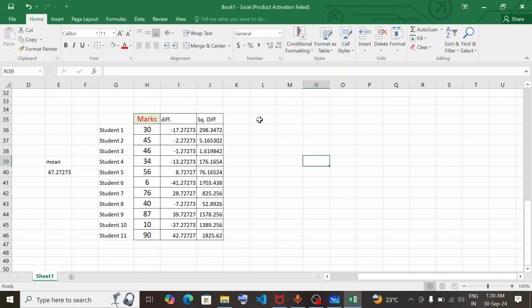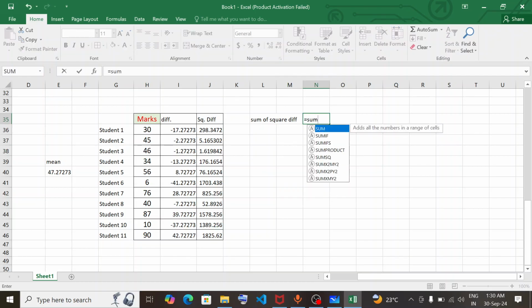So here I will use the formula. First we need the sum of square difference. So this is your sum, and here just use the sum function, and add all the differences, or we can say the square of differences.